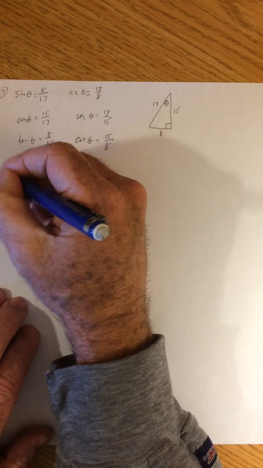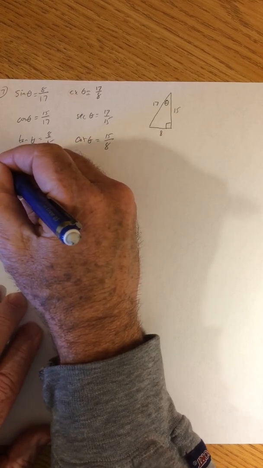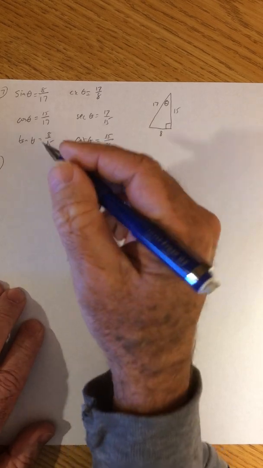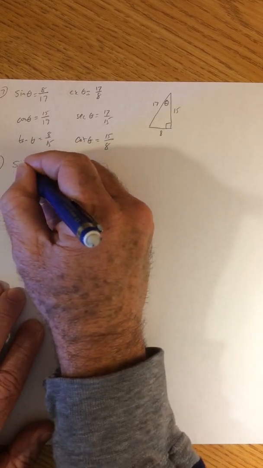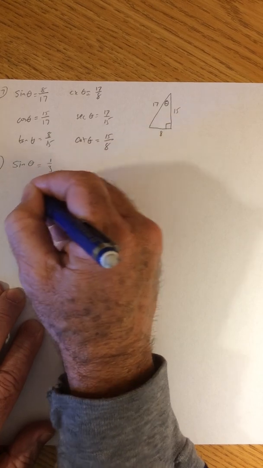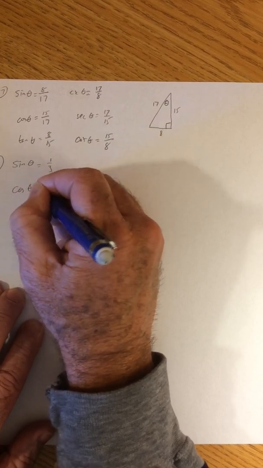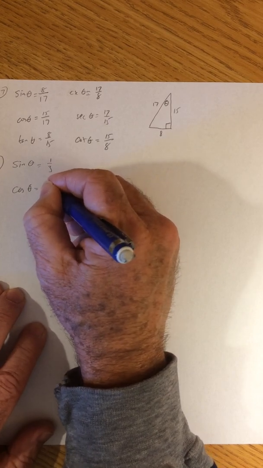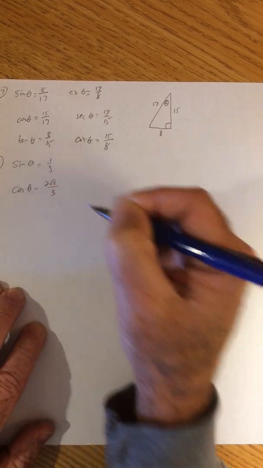Okay, number 19. Same directions. Given information, sine theta is equal to 1/3. Now they say cosine theta is equal to 2 square root of 2 over 3.